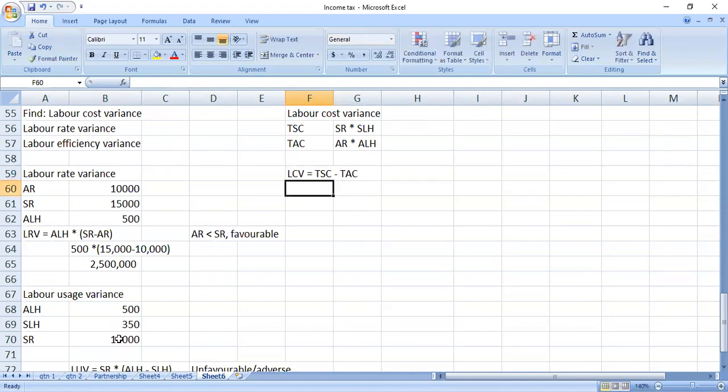Then we substitute. Our total cost is 15,000 times 350, minus 10,000 times 500. So maybe someone can still comment. By just looking at it, is it favorable or unfavorable? Labor cost.